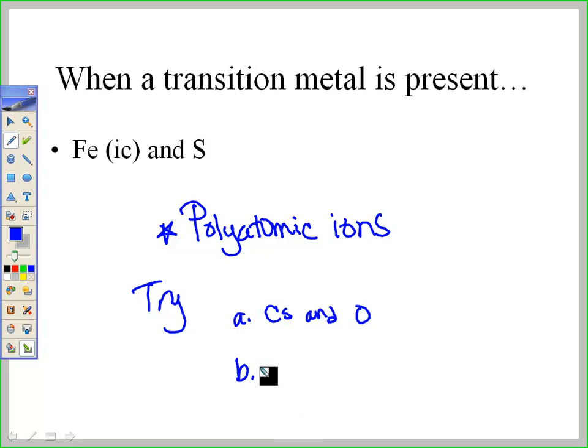And then let's have you try lithium and phosphate. So pause and then give it a try.